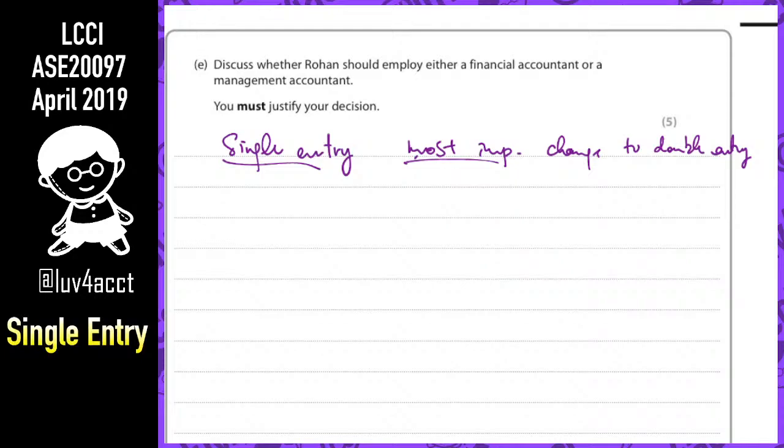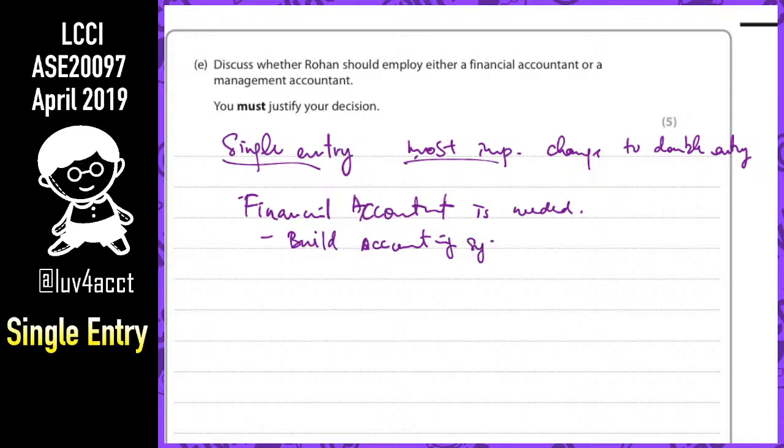So if that is the case, a financial accountant is needed. Because a financial accountant helps you build an accounting system, to record, organize, report, and also control.